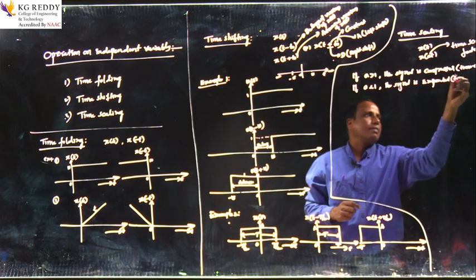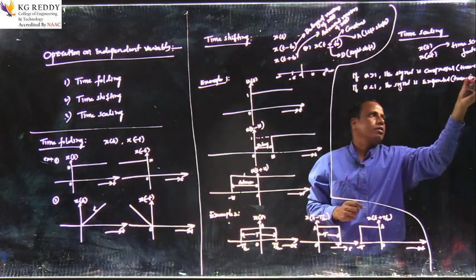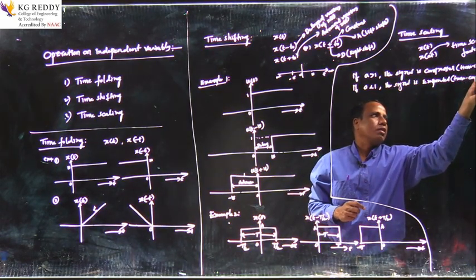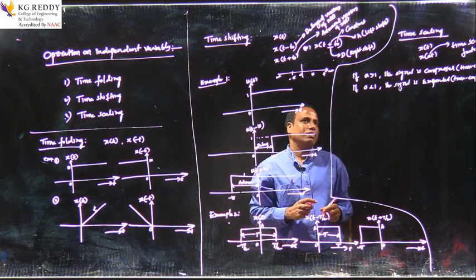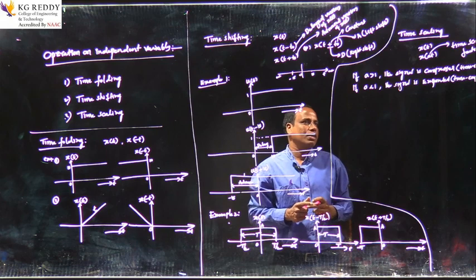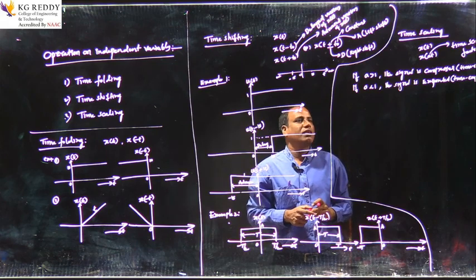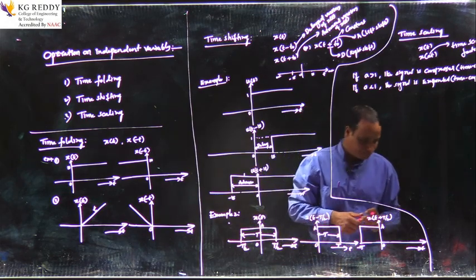We call it time expansion. Let us understand with a simple example why, if a is greater than 1, the signal is compressed, and if a is less than 1, the signal is expanded.